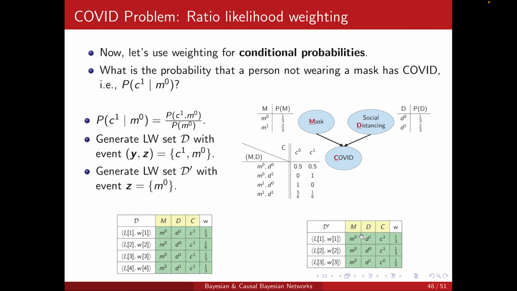It doesn't need to be the same size of the previous one. We just need another data set, and the weights could be different. And just the point is that here M is the event, so M is set to M0. Okay.